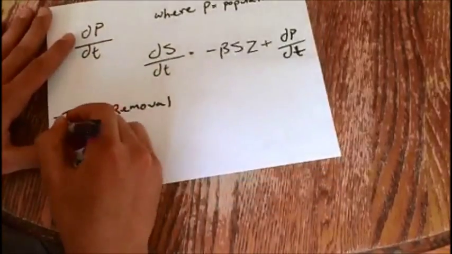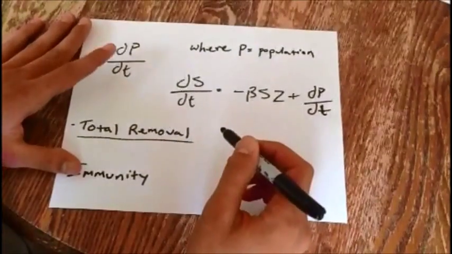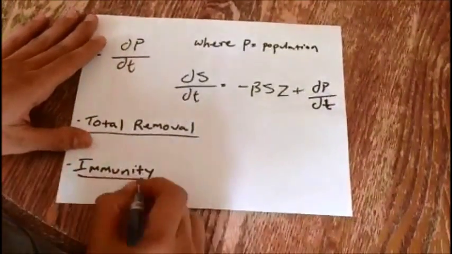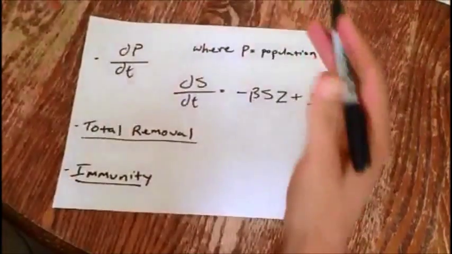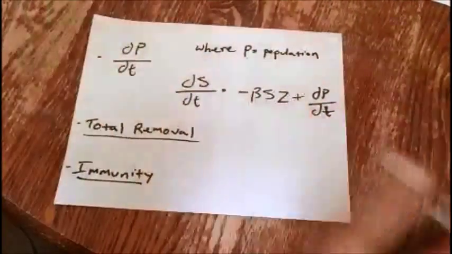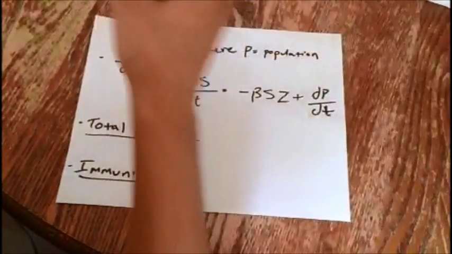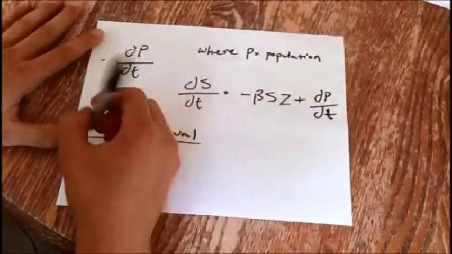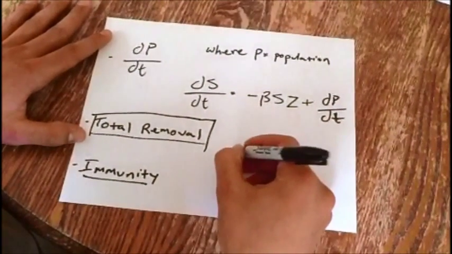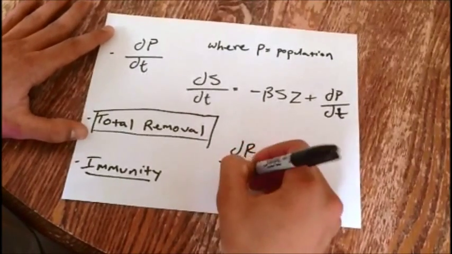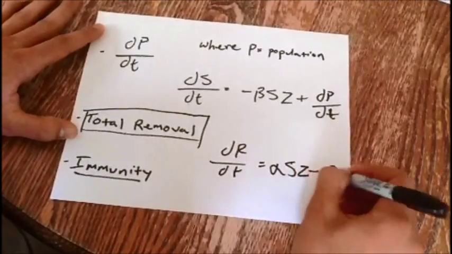Also, it doesn't really account for total removal. It really only accounts for removal via being eaten by zombies. So if you were either immune to the disease, or you became a zombie and then somebody cut you up into a whole bunch of really small pieces and distributed you across the world or something like that, so that the zombie can't reform or come back from the dead, then you would have a total removal, which it doesn't account for in our removal equation, which is dR/dt equals alpha SZ minus qR.